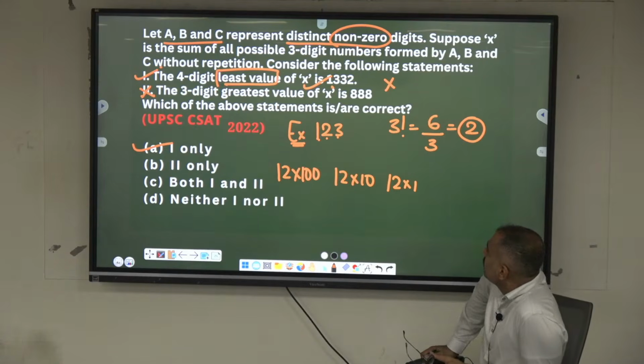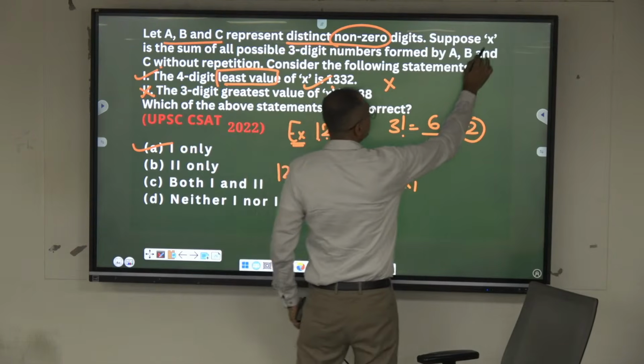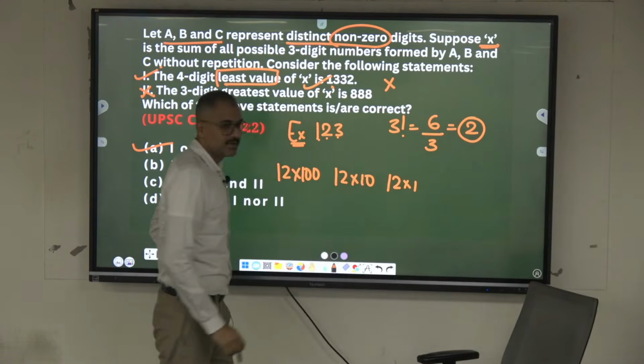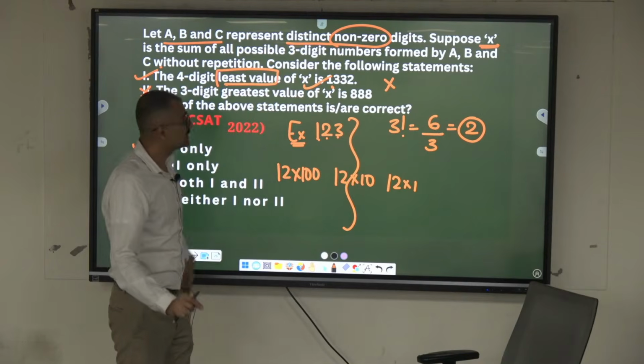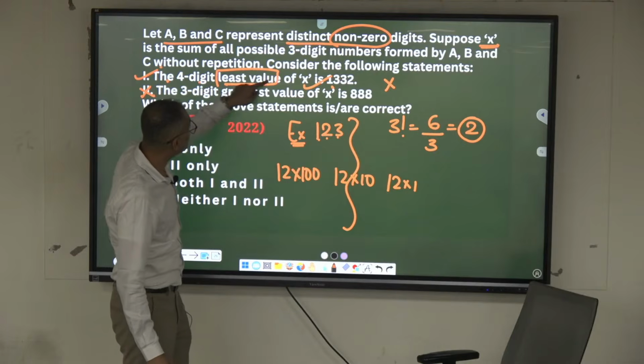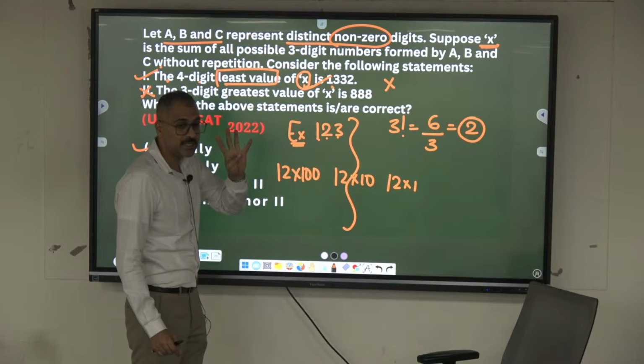Four-digit least value of x is... See, what is x here? Sum of all these 3-digit numbers. The 4-digit least value of x.